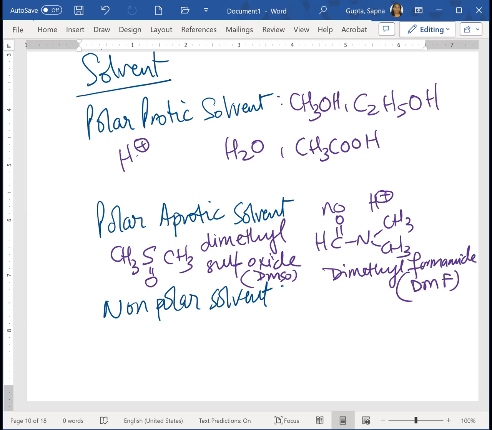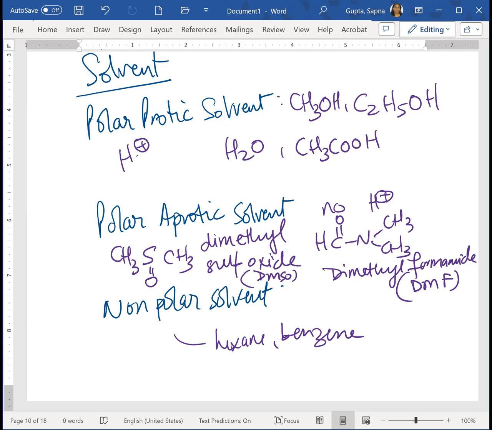And that's how you know that they are going to be polar protic, okay? That's it. So then you have the DMSO or DMF, which are polar, but they are aprotic, so they don't have the acidic proton. And then finally, the non-polar, these would be things like hexane, benzene. These are non-polar solvents.